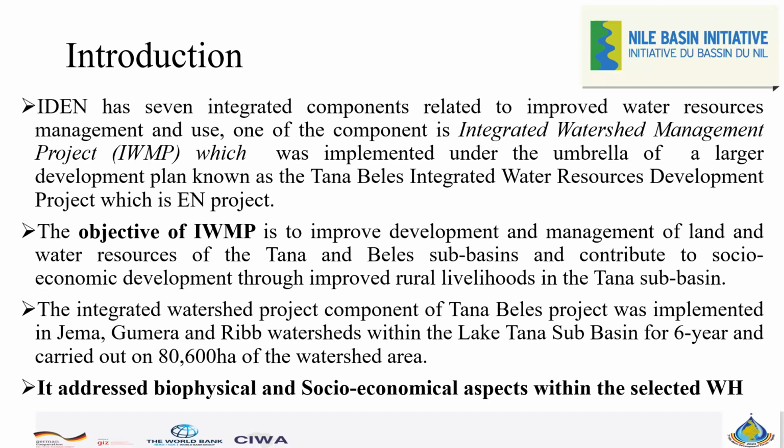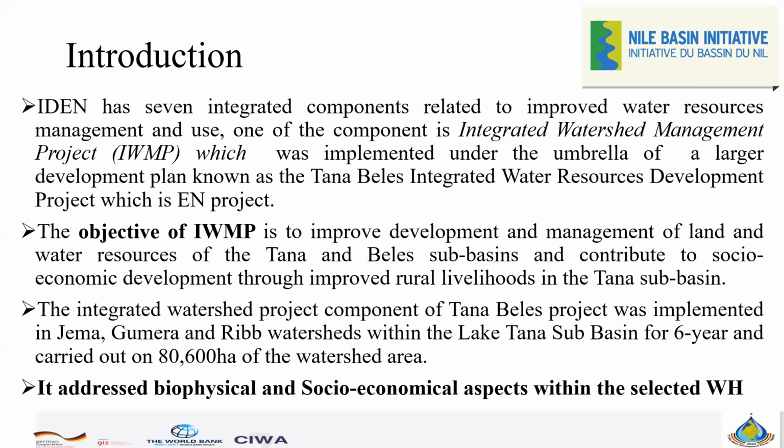The objective of this project is to improve the development and management of land and water resources of the Tana and the Beles Basin, and at the same time to contribute to socioeconomic development through improved rural livelihood in the Tana sub-basin. So this integrated watershed project component was implemented in Jema, Gumera, and the Rib watersheds within the Tana Lake sub-basin.